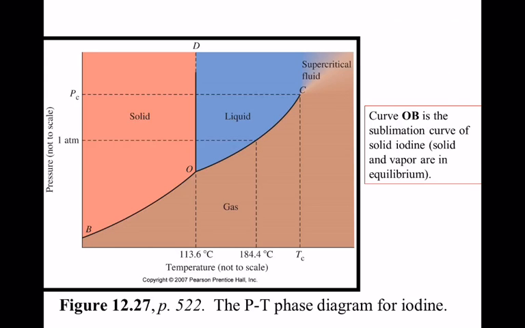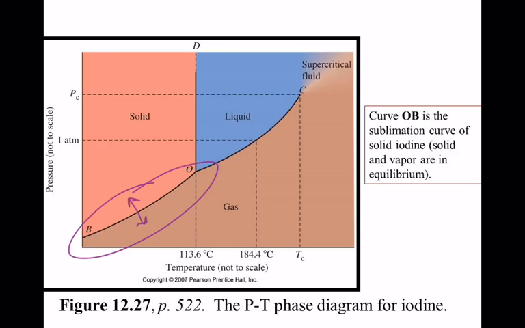Let's find OB. So here's O and here's B. This is one of my favorite ones. We talked about the phenomenon called sublimation. If you picture what OB means, a substance can go back and forth between its solid and gaseous state if you tweak it.